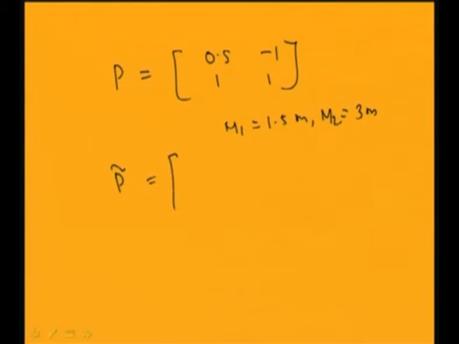So the P weighted modal matrix will be 0.5 by root over 1.5m, and this is 1 by root over 1.5m, and the second column will be divided by root over 3m, and this is 1 by root over 3m.